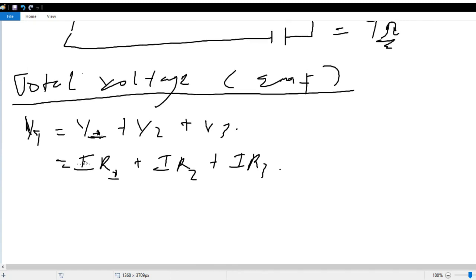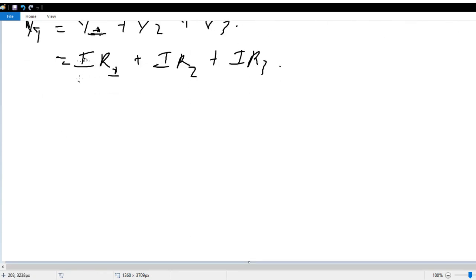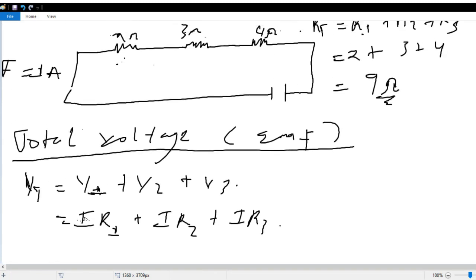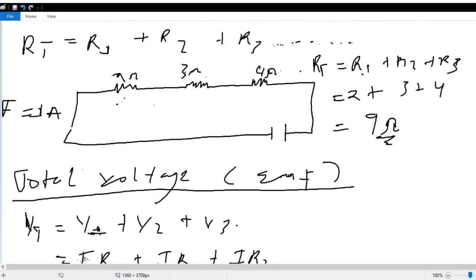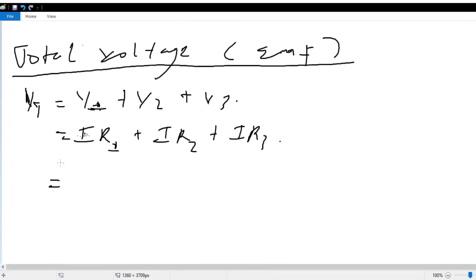For example, if you have been told that the current that is passing through this circuit is 1 amp, and you have been told to calculate the total voltage, here we know that our resistance 1 is 2, our resistance 2 is 3, our resistance 3 is 4.